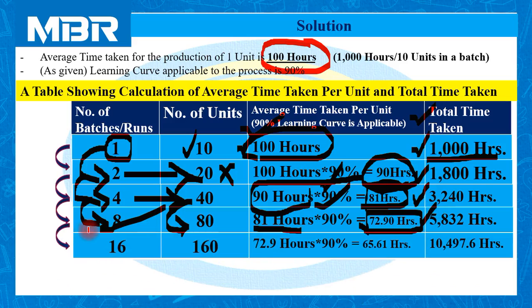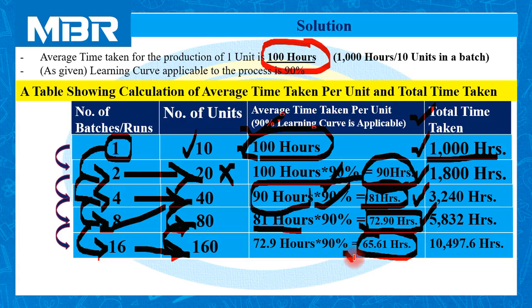Then double the batch. From 8 it is 16, and the number of units are also doubled from 80 to 160. We will follow the same process in order to calculate average time per unit.